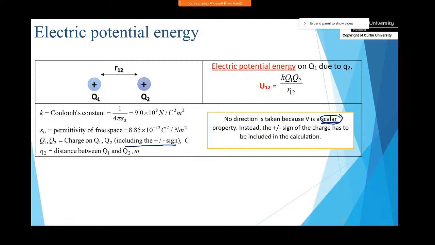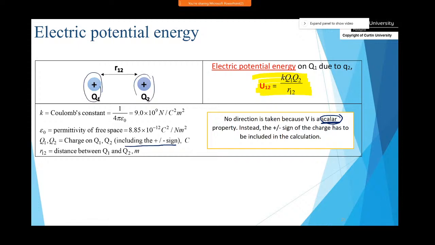The formula for potential energy is given by U = k Q1 Q2 over r. So your distance now is not the square of the distance, but only the distance. Q1 is the charge in Q1, Q2 will be the charge in Q2.